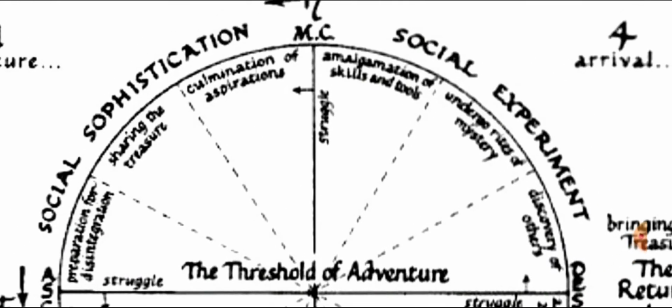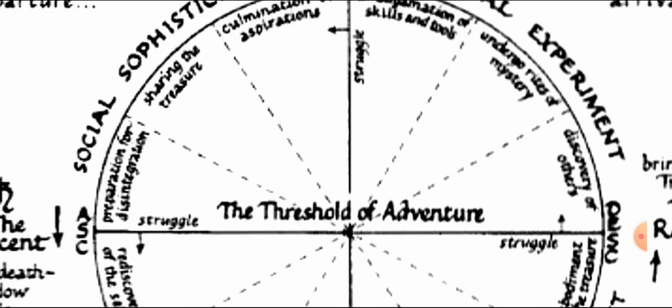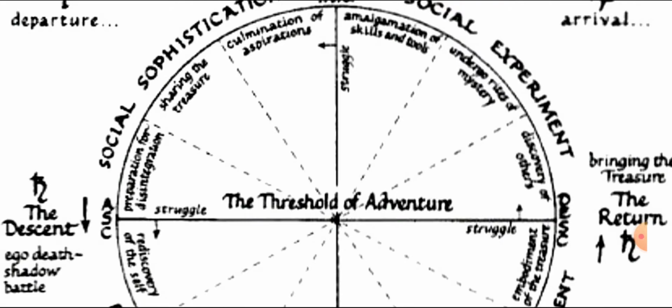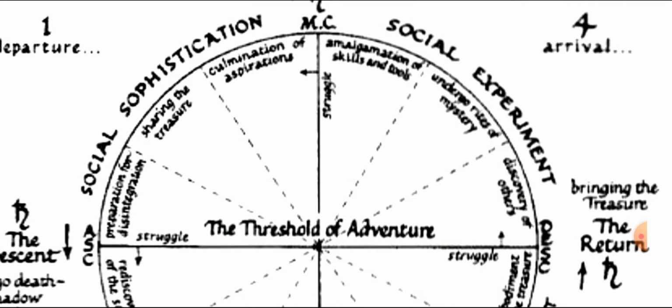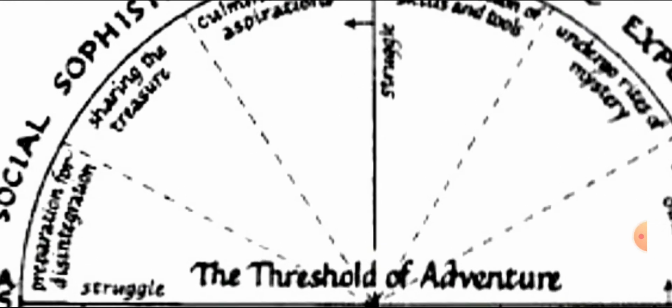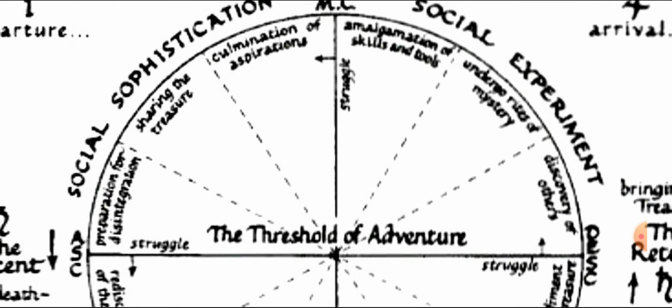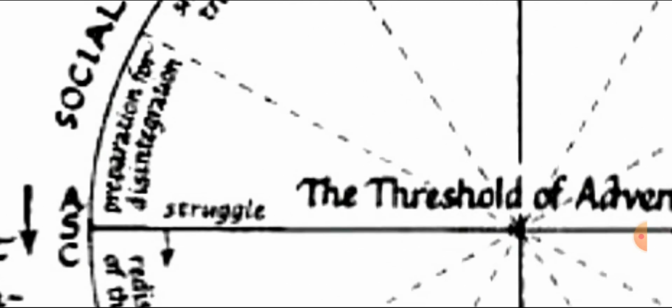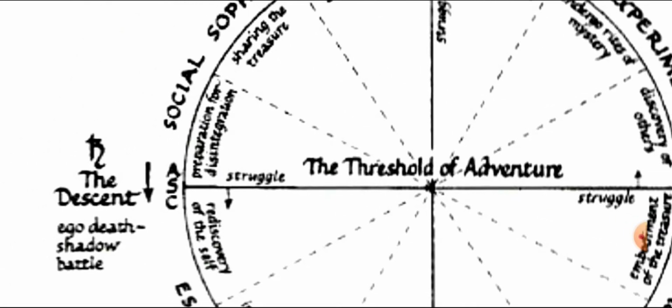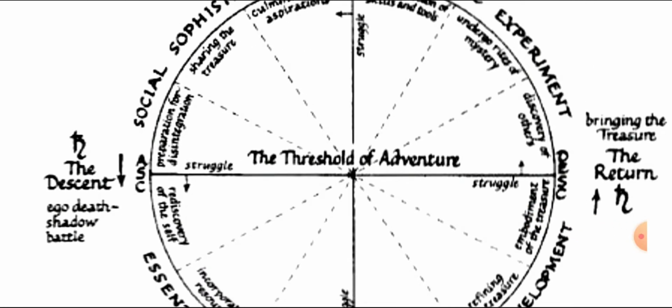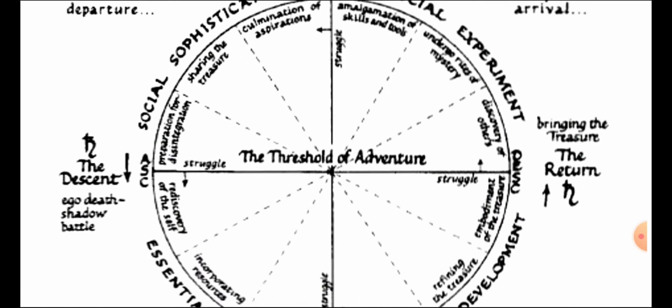But between the 10th, the MC, and the ascendant, there is a definite sense that you're really preparing for something else, something new, something different. But you are still very much in the world, and you're sharing the treasures, whatever it is that you're doing. But you're preparing for disintegration as it comes to the 12th house.